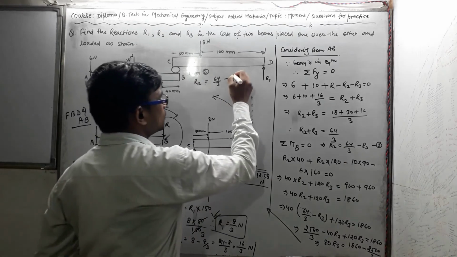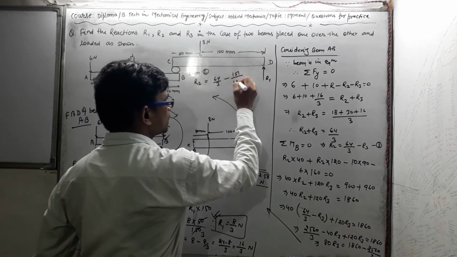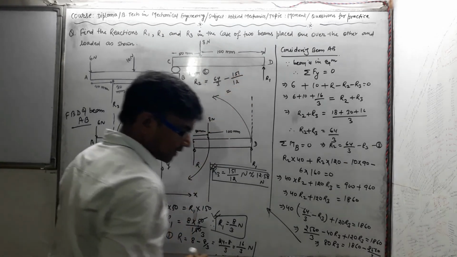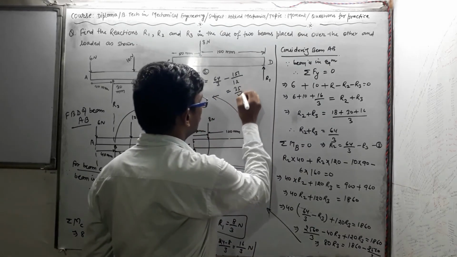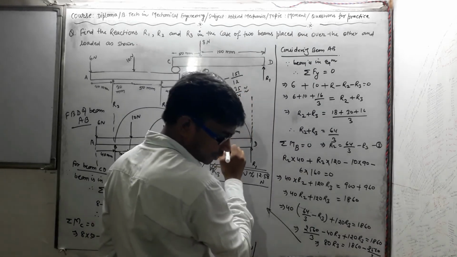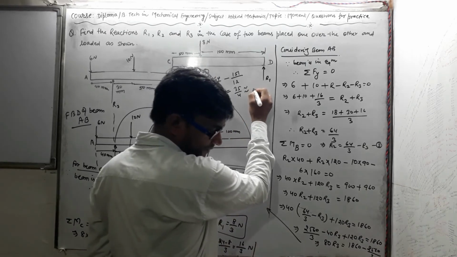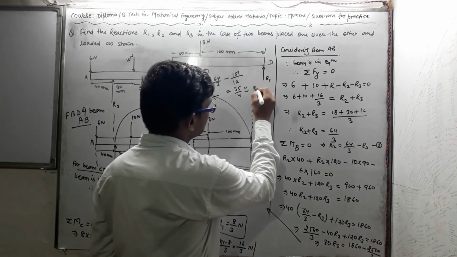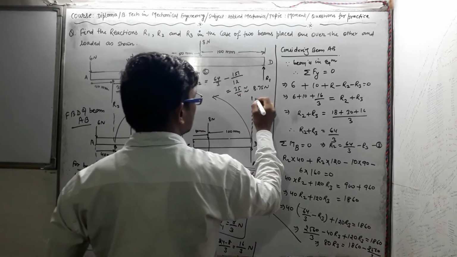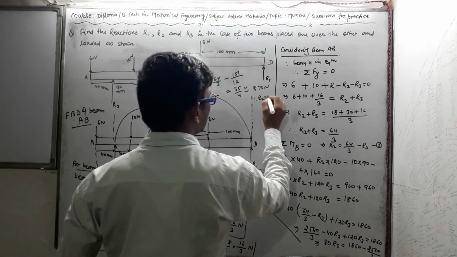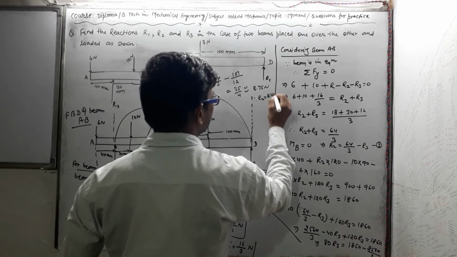R3 we have got 151 upon 12, so R2 is equal to 35 upon 4, approximately equal to 8.75 Newton. Okay, so therefore R2 equals 8.75 Newton.